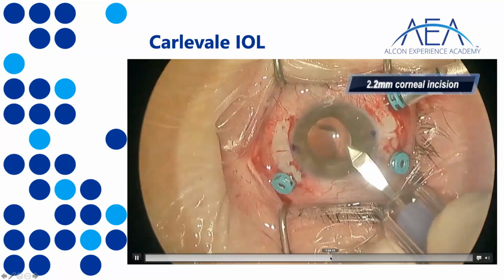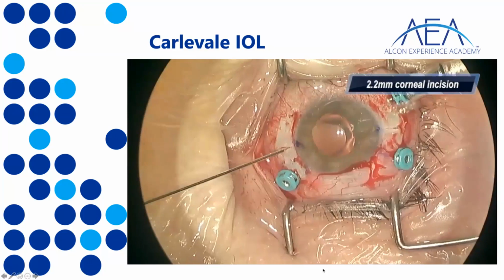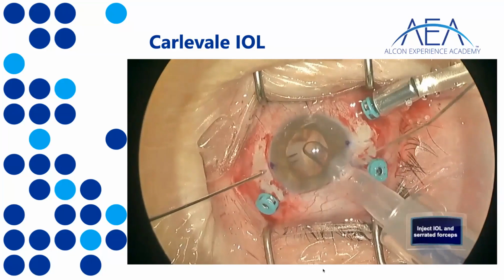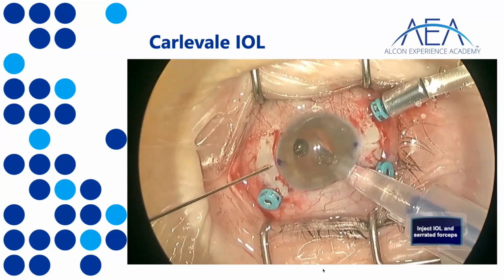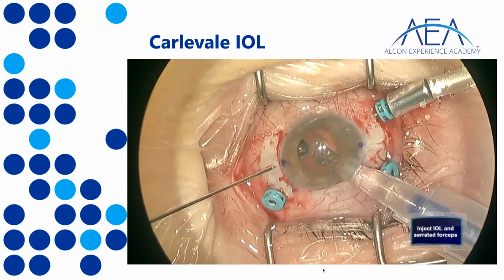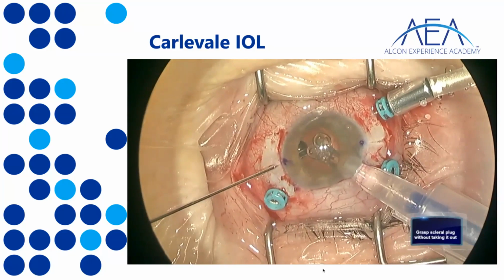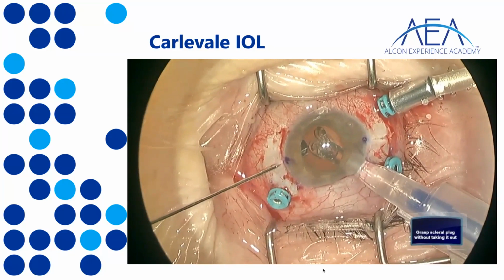I will not stop it anymore, because I don't know why this is not working as it should. So you'll grab the T haptic at the end, gently, and then you pull it out of the eye, and you simply leave it hanging there.